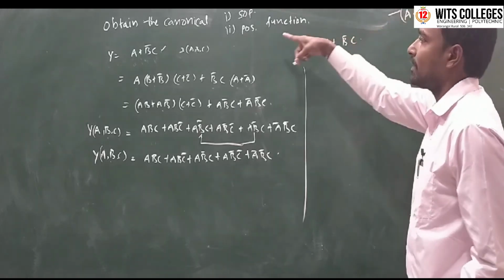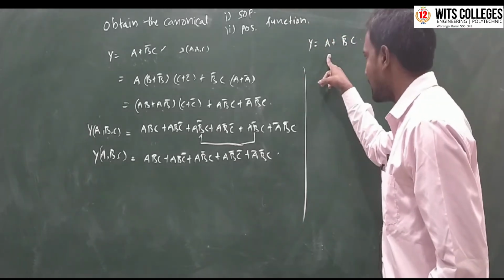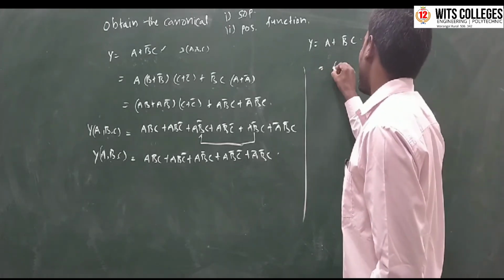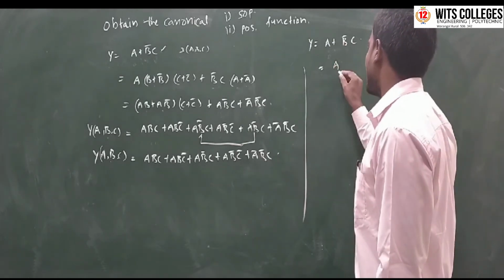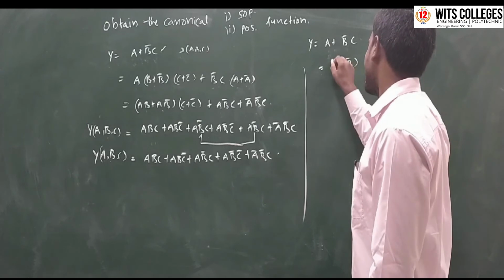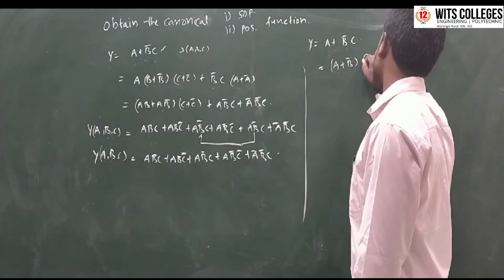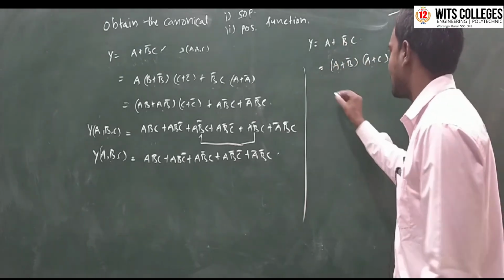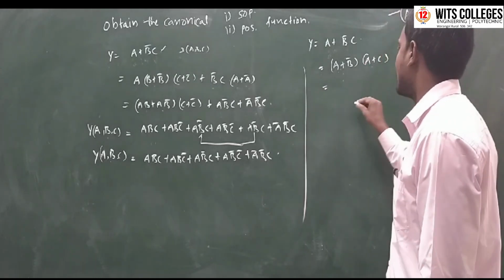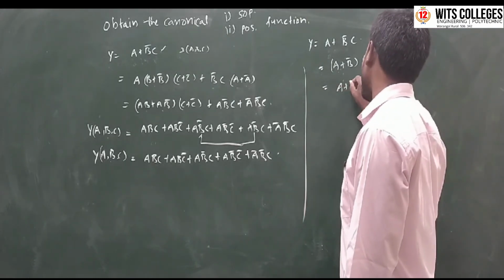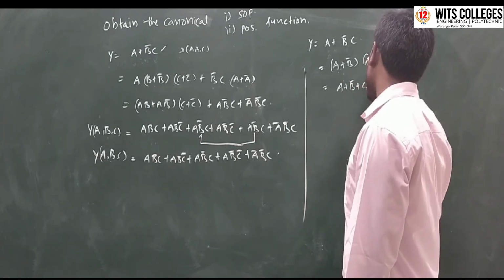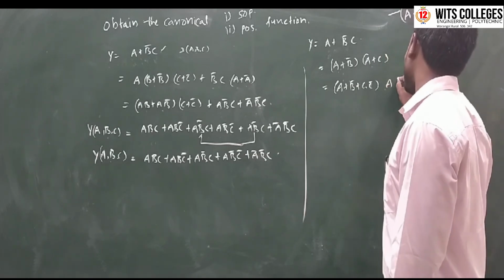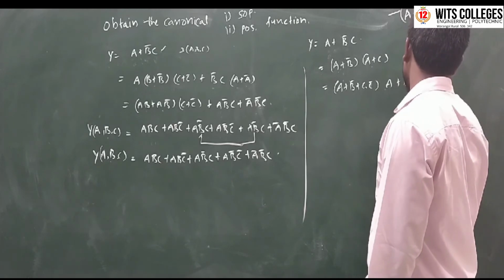The given function is y equals a plus b bar c, which can be written as (a + b bar) into (a + c). Here the missing term in (a + b bar) is c, so we can write it as (a + b bar + c c bar), and in (a + c) the missing term is b, so it can be written as (a + b b bar + c).